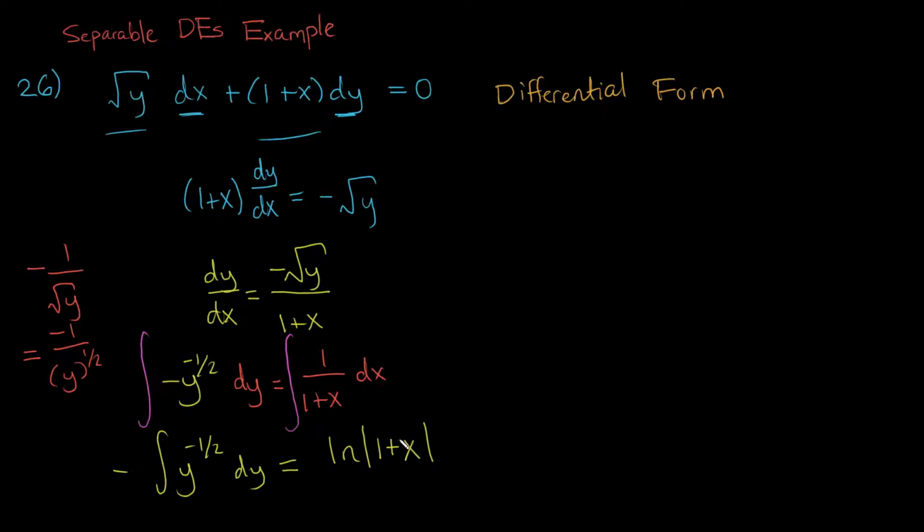And there's no inverse chain rule necessary because the derivative over here equals 1. And I suppose we can add our arbitrary constant c on this side and not worry about an arbitrary constant over here, because it's just going to combine with this c and get yet another arbitrary constant.